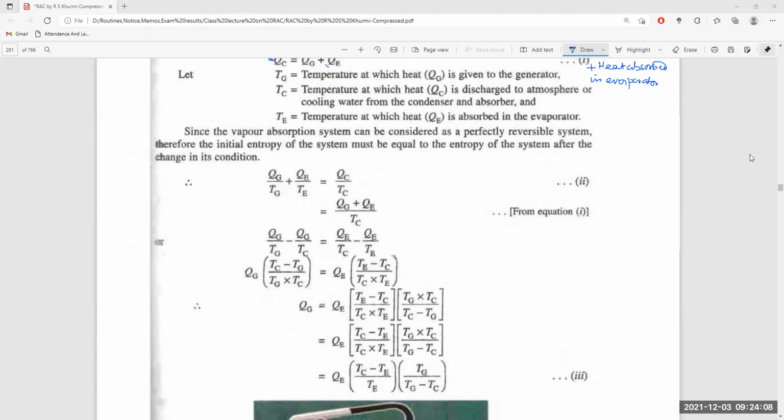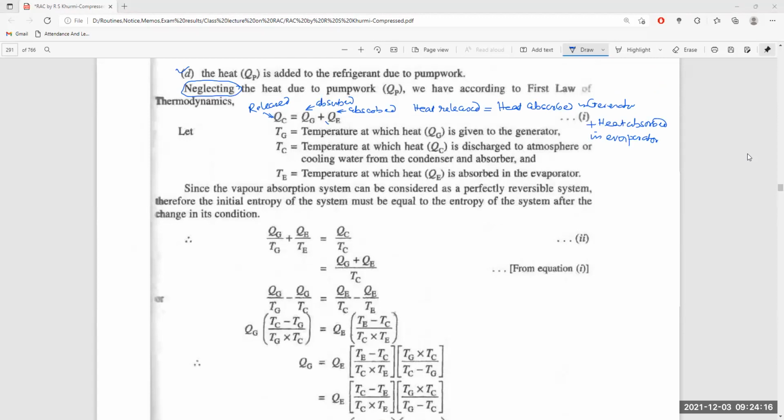So QC, we have already written that QC is equal to QG plus QE, from equation 1, that is already calculated here. So QG by TG minus QG divided by TC is equal to QE by TC minus QE by TE.